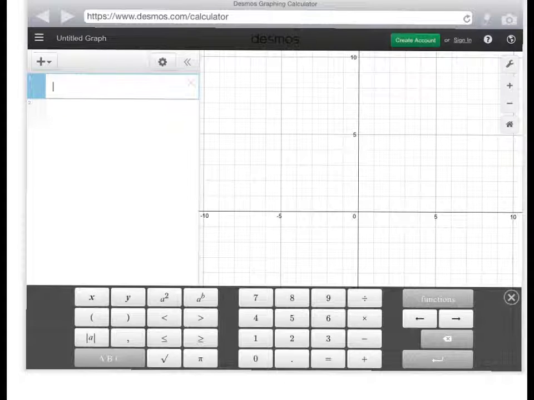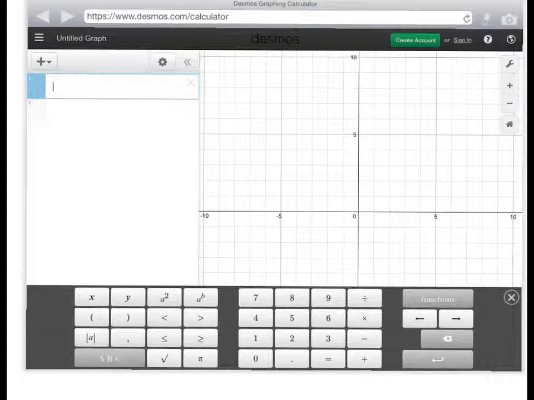So I am going to launch the site, and then I'm going to type x minus y is equal to negative 1, which is going to be this red line, and then on the second input I'm going to type 2x minus y is equal to 2.